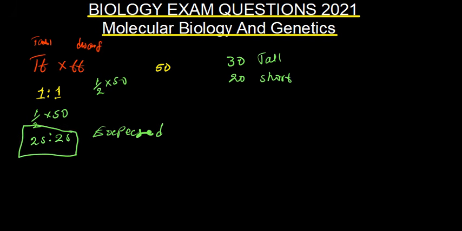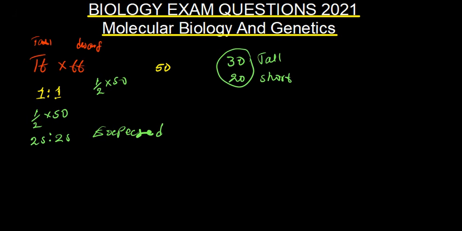If you look at these numerical differences, the expected is 25, observed is 30, so the numerical difference there is 5. The expected is 25, the observed is 20, so the numerical difference there is also 5. So you have to test whether this difference between the observed and the expected is significant or not.